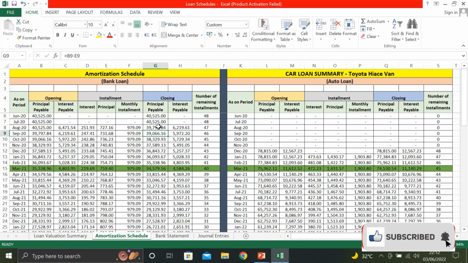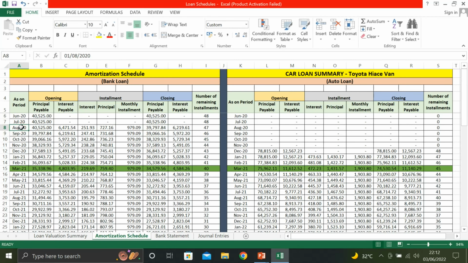So as you can see, this schedule is month wise giving us complete detail. If you want to check your books of accounts, how much interest I have recorded, what is the proof, you can go through here. Again, all this information you can get from your lease contract.